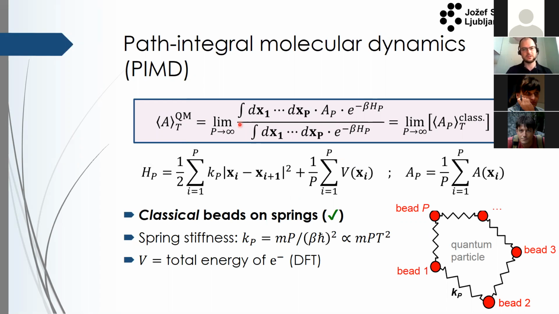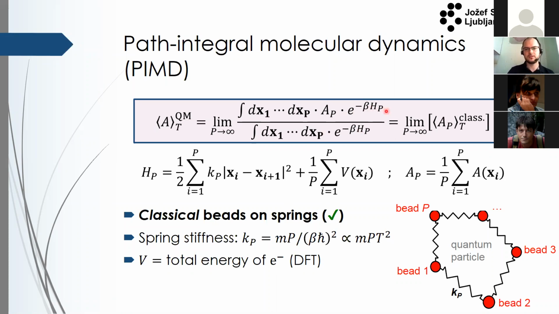So this something else becomes the following. So the quantum expectation value of some observable is actually a limit as P goes to infinity of a classical Boltzmann-Gibbs thermal average of some classical observable instead. So the classical observable is this kind of average over the intermediate positions.